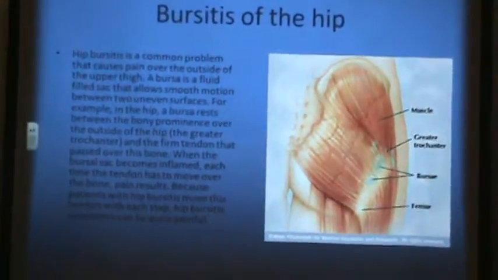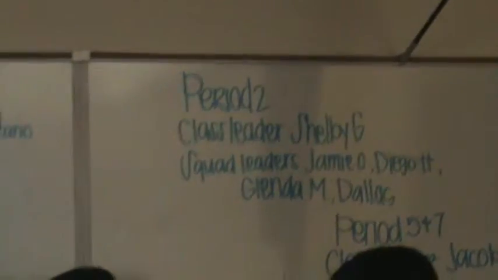When the bursal sac becomes inflamed, each time the tendon has to move over the bone, pain results. Patients with hip bursitis move this tendon with each step. Hip bursitis symptoms can be quite painful.